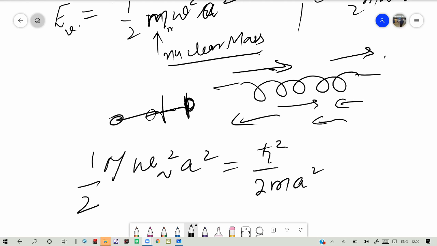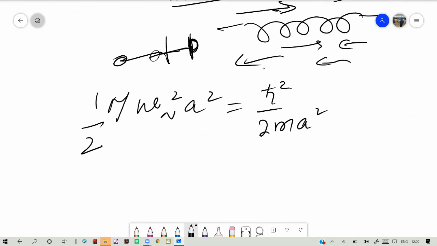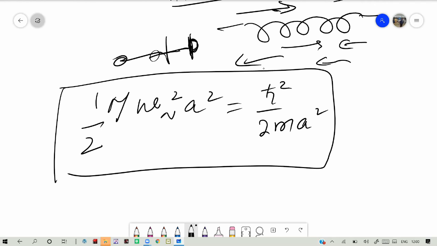Do you understand? If anybody has a confusion, he can still say it. There is no issue. I will not move ahead. So is this equation okay?